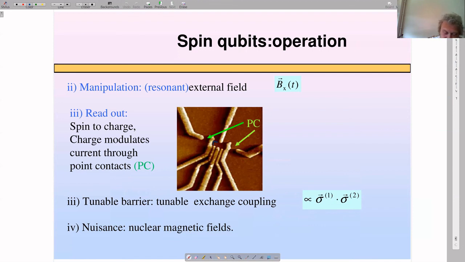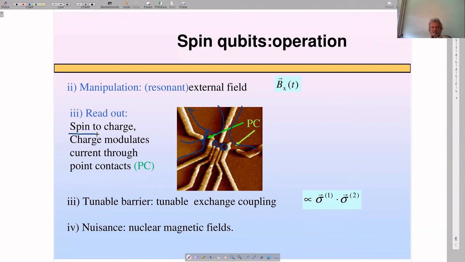Again, the same setup, two quantum dots over here. There are leads to change the number of electrons in the dot. There are contacts which can eventually read the charge in the dots. And this is a way to read the spin eventually.